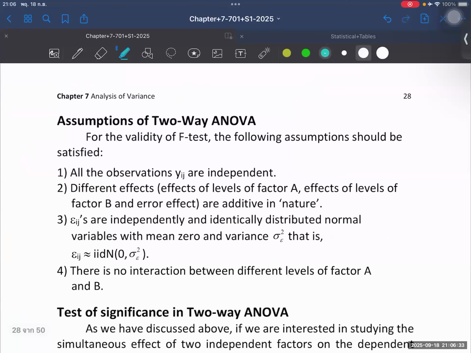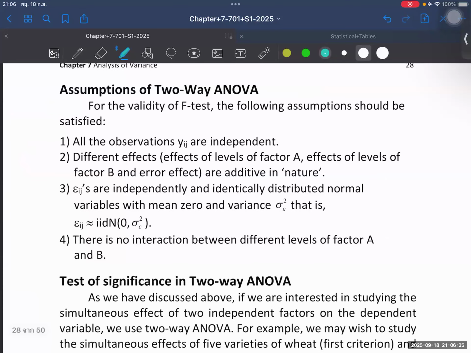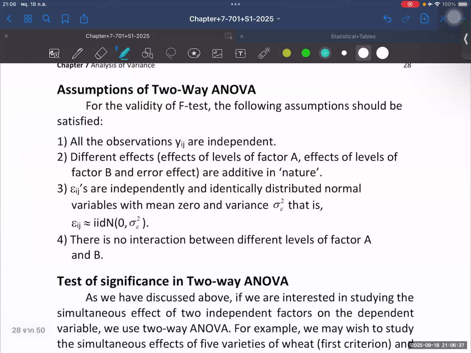So what about the two-way ANOVA? We have to see the assumptions: all observations Yij are independent. So we have different effects, because we have the level effects of factor A and factor B, and we see the error effect at the last one.